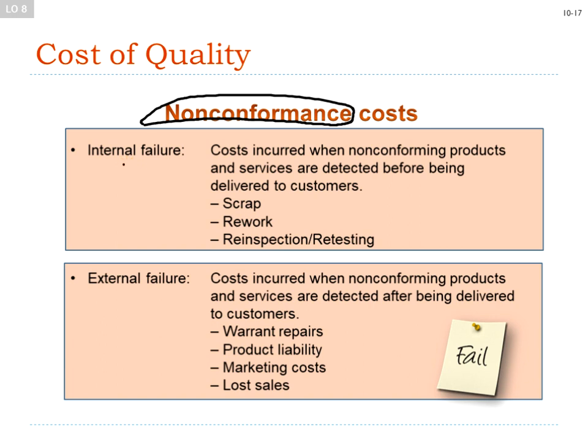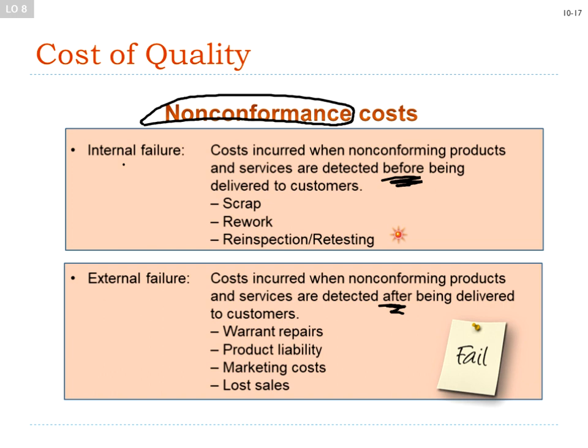So it's an internal failure when you've detected the problems before you send it to the customers, and it's an external failure when it's after being sent to the customers. If it doesn't conform before you deliver the products to the customers, then you're going to incur costs like scrapping the item, reworking it, re-inspecting, and retesting.